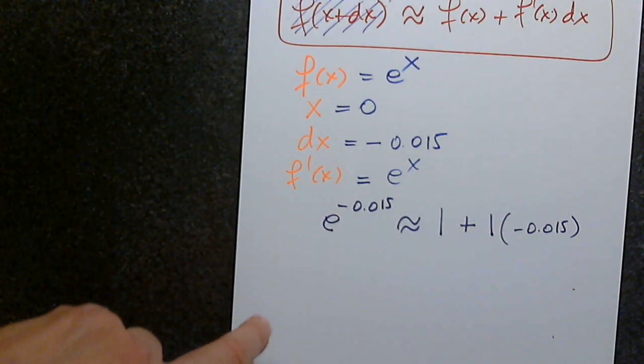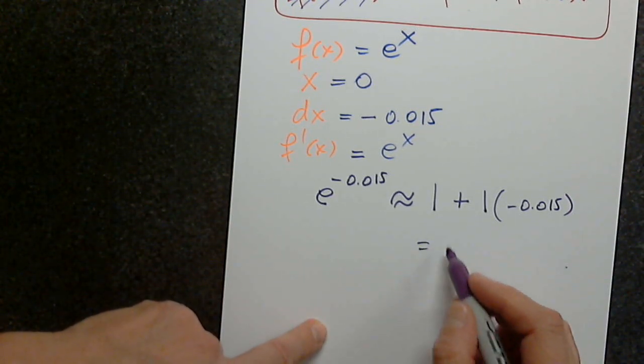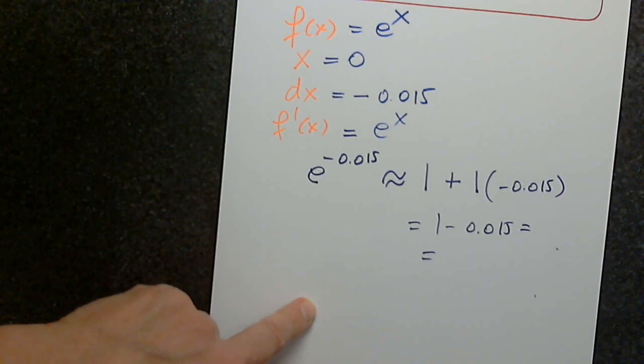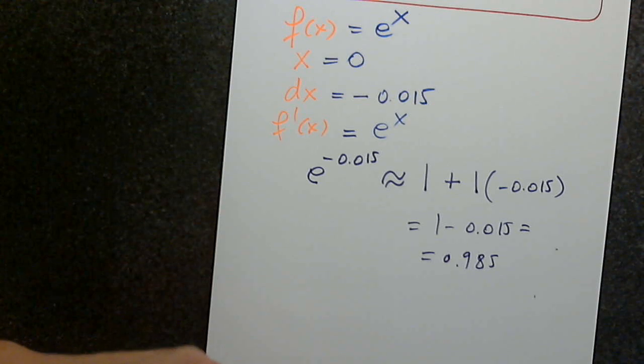I will never believe it if you say, oh, I knew that this is going to happen. 1 minus 0.015. I will never believe you. So this is 0.985. Not in a million years would you have come up with e raised to negative 0.015 as being 0.98.